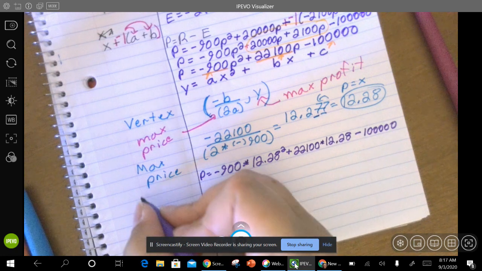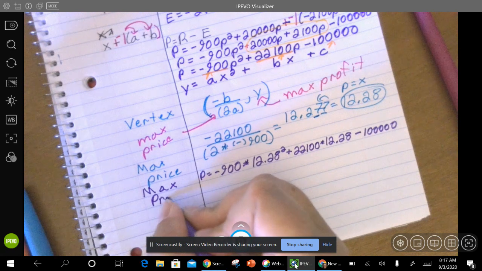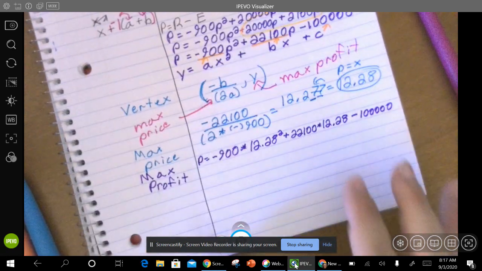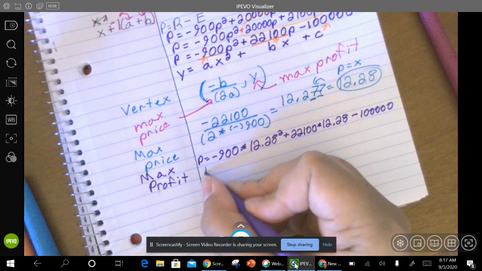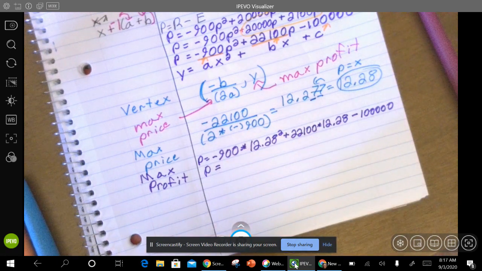Okay, so this is maximum profit. It's the same steps, everybody, if we needed to find maximum revenue. So I'm going to substitute it all in. So I'm going to get the profit. I put that all in the calculator.